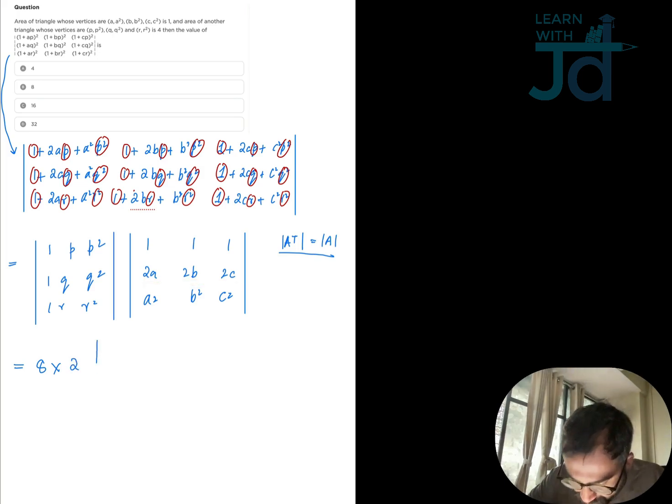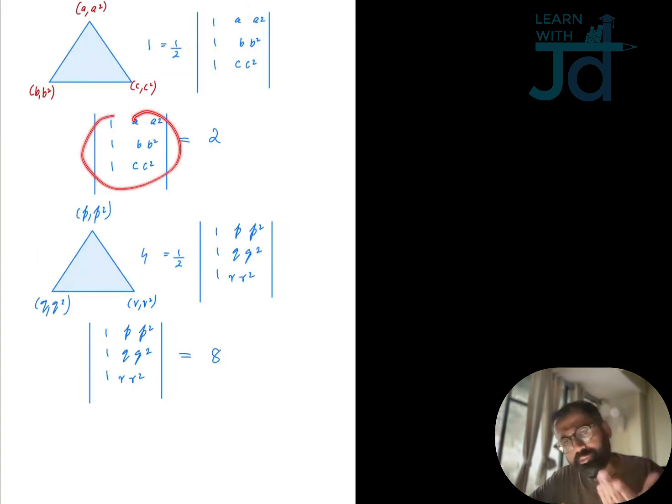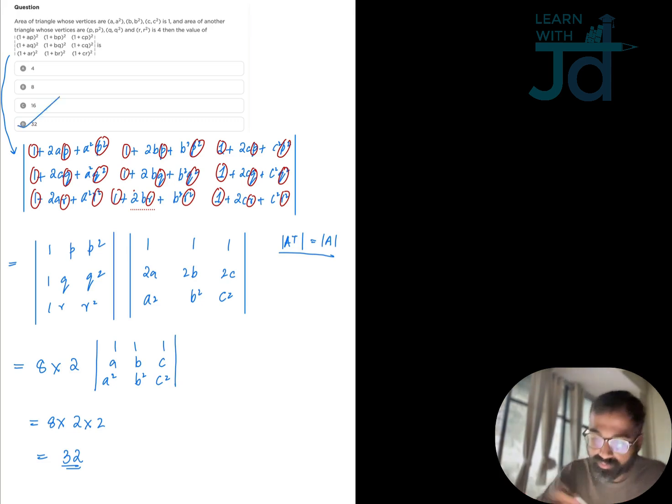So I'll take a 2 common and it will make it 1 1 1, A B C and A square B square C square. Now see, this is the transpose of which determinant, this determinant. The determinant value is the same, the transpose was taken. So the answer is true here. So 8 into 2 into 2, that is 32. 32 is the answer for this question.